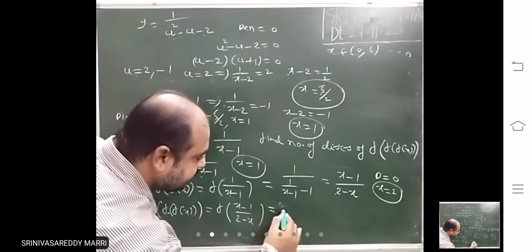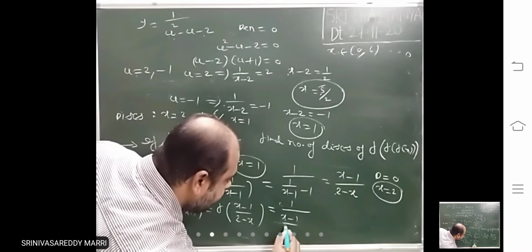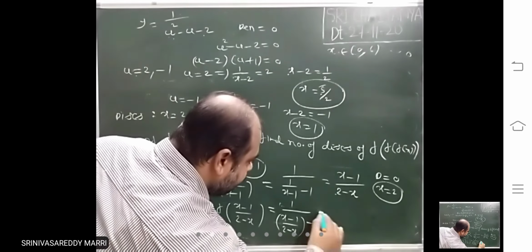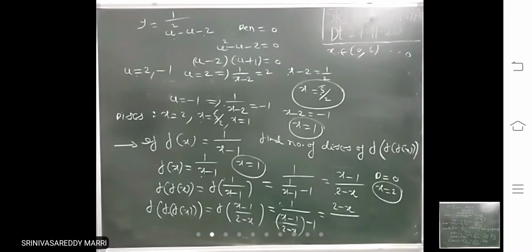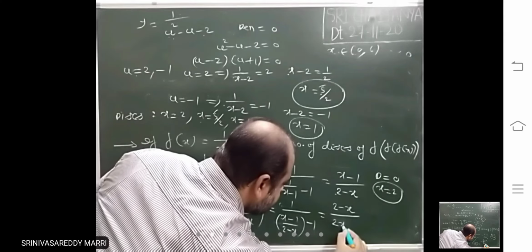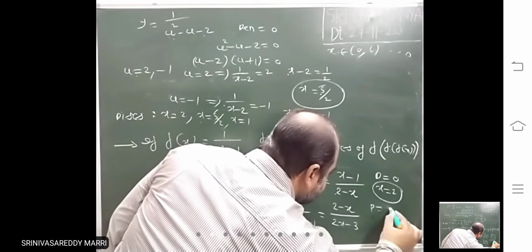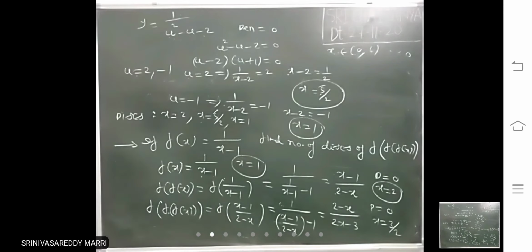That is 1 divided by (x minus 1 divided by 2 minus x) minus 1. You get 2 minus x divided by x minus 1 minus 2 plus x, that is 2x minus 3. Now denominator equal to 0 means x equal to 3 by 2.